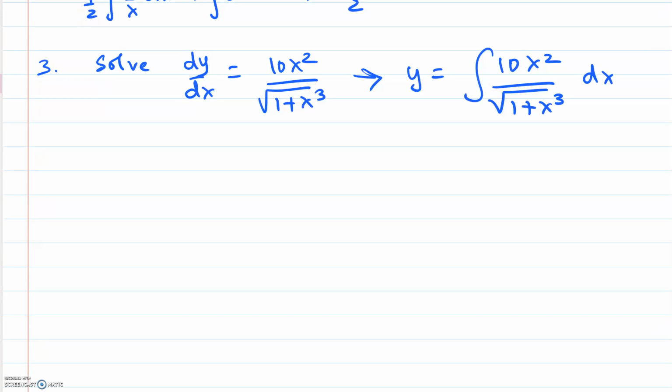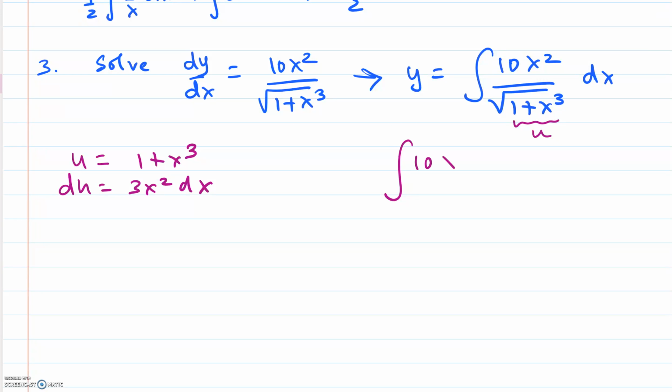Again, inner function is the choice of u. So we have this inner function, we're going to put this as u. u equal to 1 + x cubed, du equal to 3x squared dx. Right. So we're ready to rewrite this integration. Integral 10, if you're going to have 10x squared as it is, then replace only the denominator.